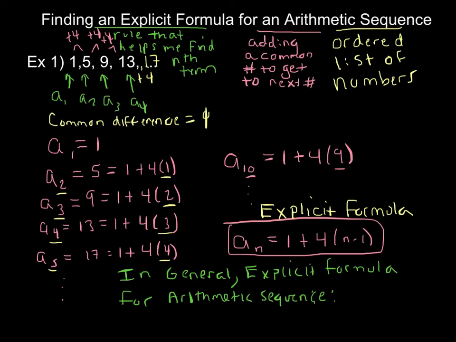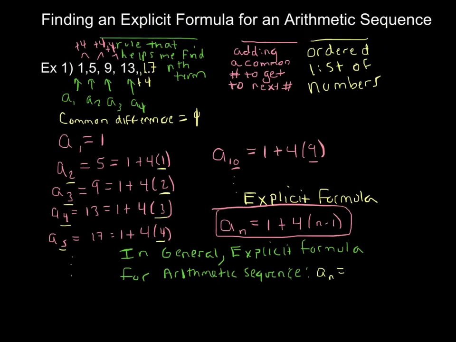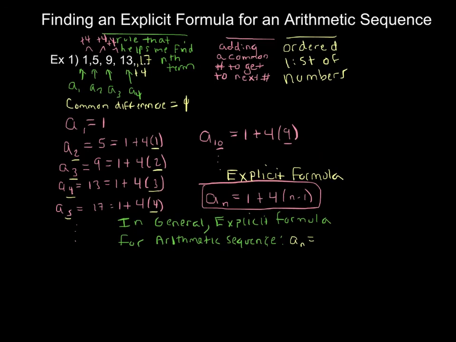My nth term is always equal to my first term plus my common difference, right? So this was my first term, plus my common difference. So my common difference is going to be d, times n minus 1.